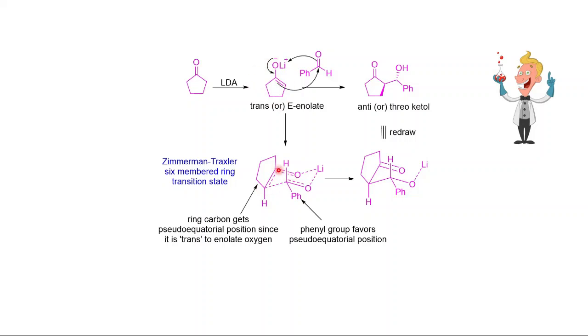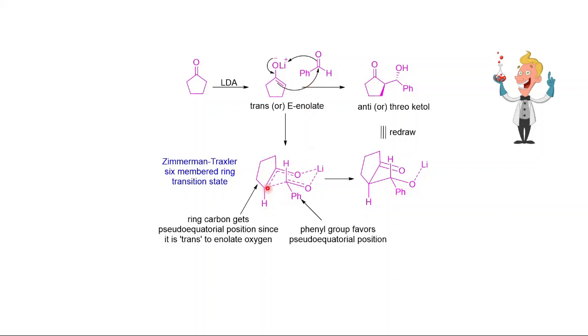You can see double bond O, Li, then this will coordinate to this, this will coordinate to this, a cyclic 6-membered transition state, and this will be 5-membered, and this is E enolate. How can I confirm this is E enolate? Because this bond and this bond are trans, this bond is down and this is up, so down-up is trans, so that is why this is a perfect Zimmerman-Traxler transition state for this attack.